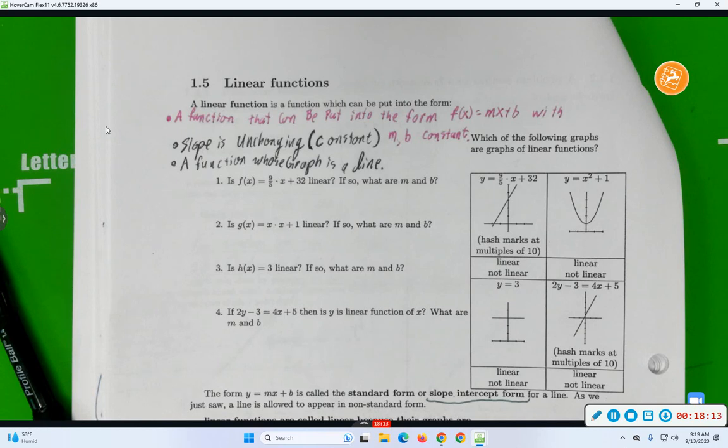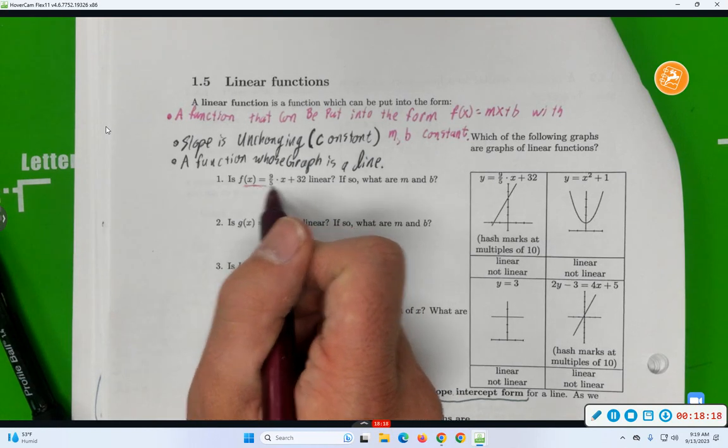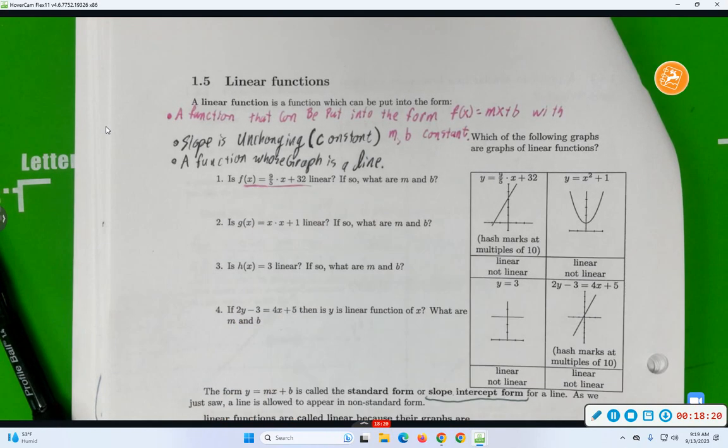Let's explore this. Here's a function, f of x equals 9/5 x plus 32. Is that a linear function? Yeah. And you can check the other things by maybe doing some graphing, which, in fact, maybe we have already. Does that graph look like a straight line? And whatever slope should mean, it shows that slope is the same no matter where you go. So I think they all agree. So it looks like it's linear.